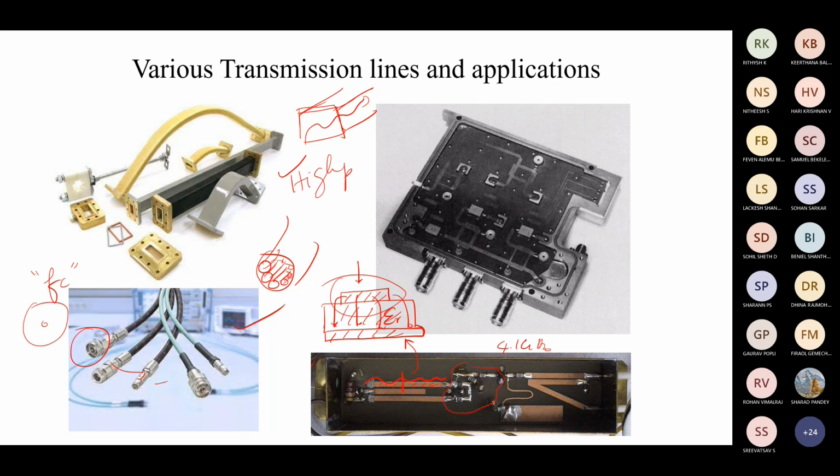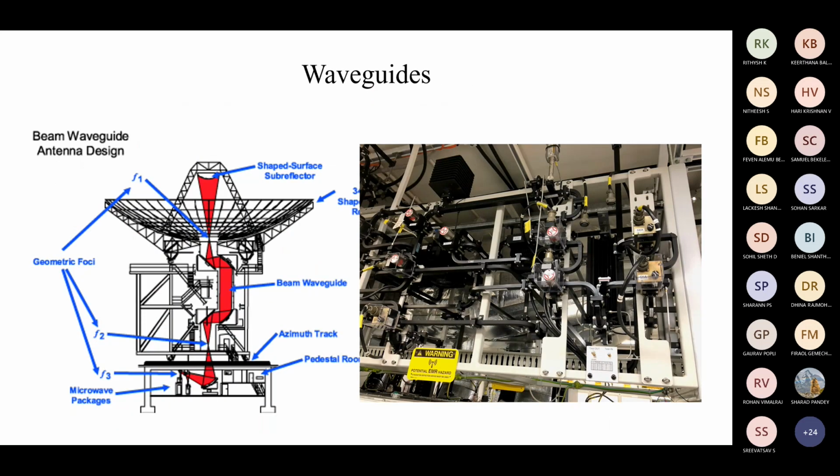So for instance, if you see this, this is the receiver for the Hubble telescope, which uses a very large diameter dish, so that the signal will come from satellites and be collected at this point, and further it will go down. Here the power will be very large, around 1 or 2 kilowatts.